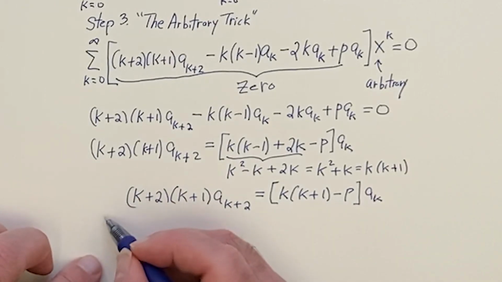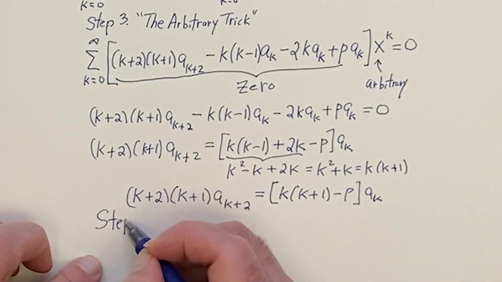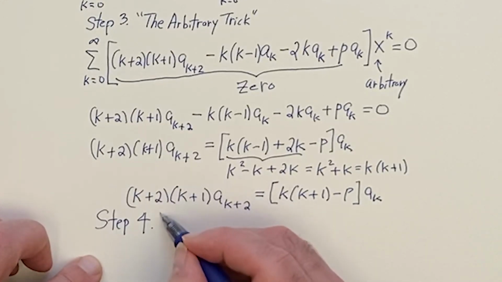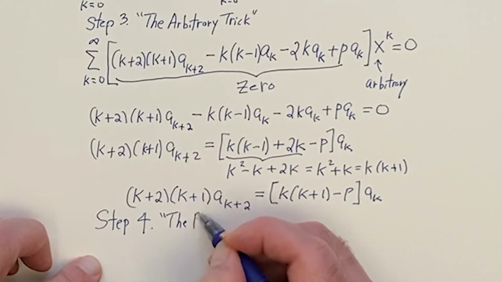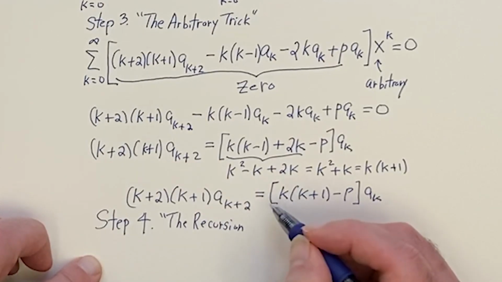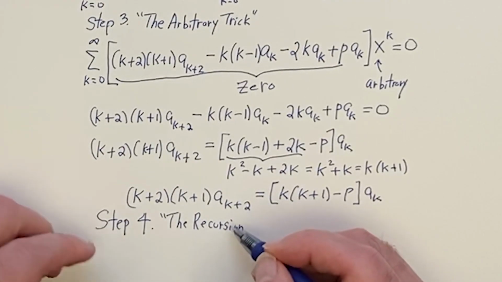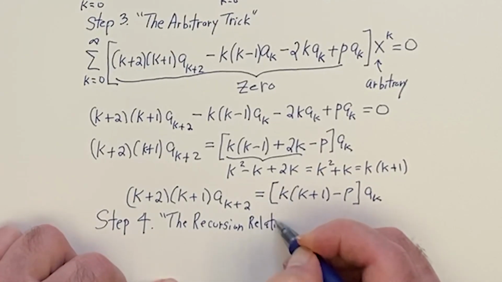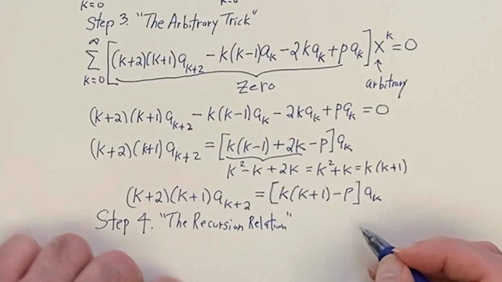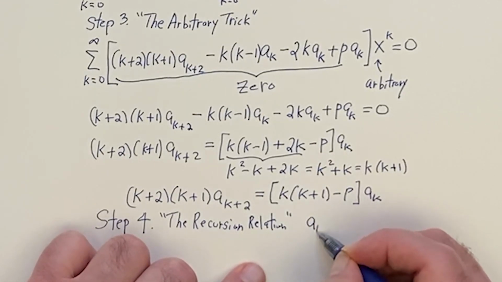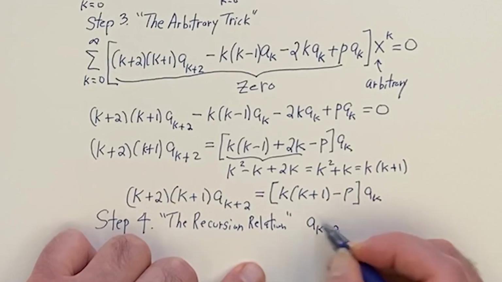For step 4, the recursion, or sometimes people say recursive relation, and that would be a sub k plus 2.